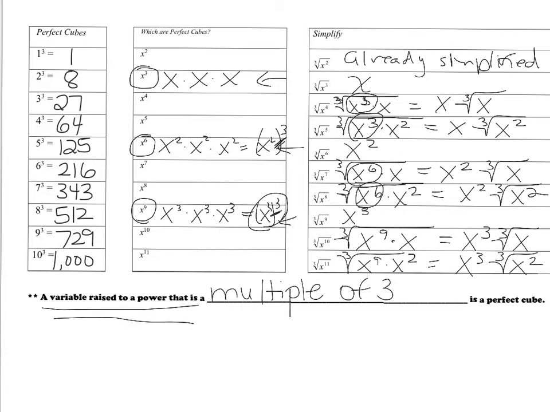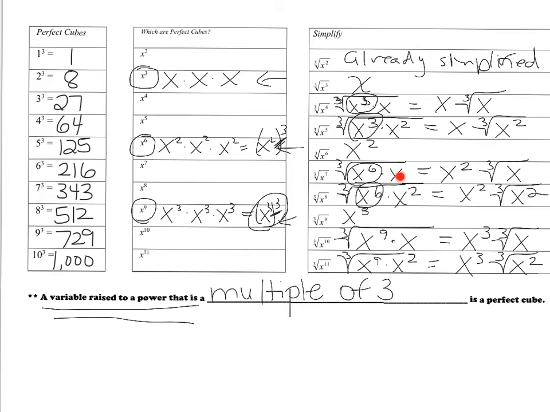Now look, all the ones that aren't perfect cubes, what we're doing is you're either leaving an x on the inside or an x squared on the inside. And then what's left on the outside is a third of the number that's closest to a multiple of 3 right before it, right?